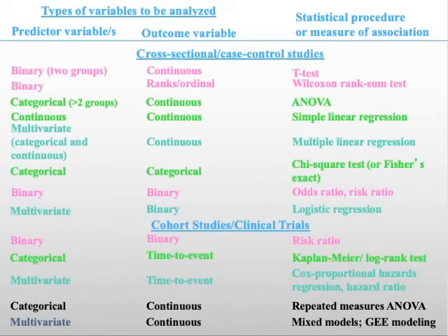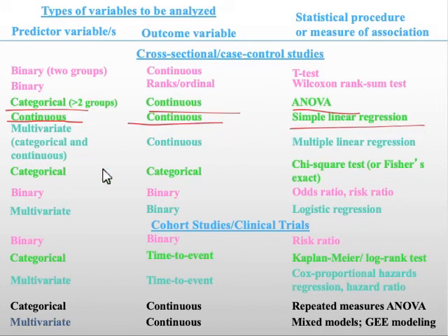Now, these tables here are important to remember. They give us an idea of the test that we would use depending on the data that we have. So if we have case control studies and we have categorical and continuous, we have two groups on a continuous variable, we would use an ANOVA. If we have a continuous grouping on a continuous variable, we would use simple linear regression.